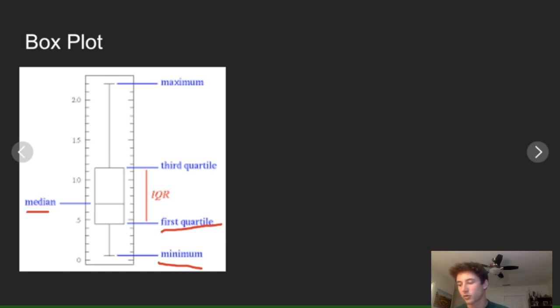You have the third quartile right here, which is the 75% mark, and the maximum, which is the greatest number in the data. Don't forget, range is maximum minus minimum, and IQR is third quartile minus first quartile. IQR again stands for interquartile range. So that's how you'd remember it's between the quartiles.